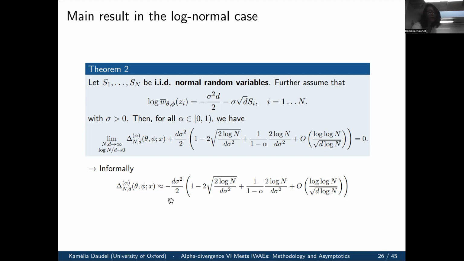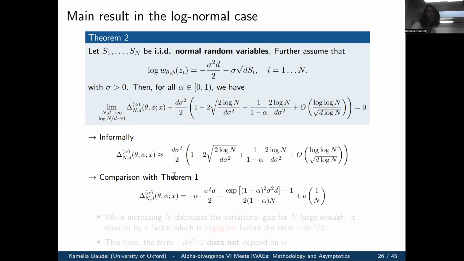There's a leading term, which is minus d sigma squared divided by 2, and then you've got terms that go to 0. Basically, this is log n divided by d, which under our assumptions goes to 0, and this is the square of it, which also goes to 0. So we really are dominated by this term.